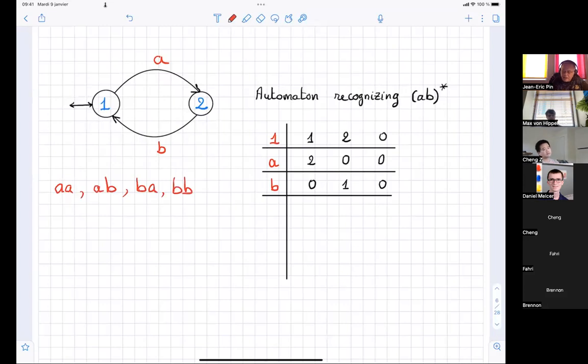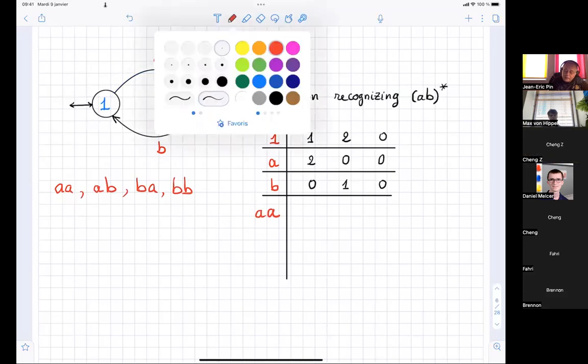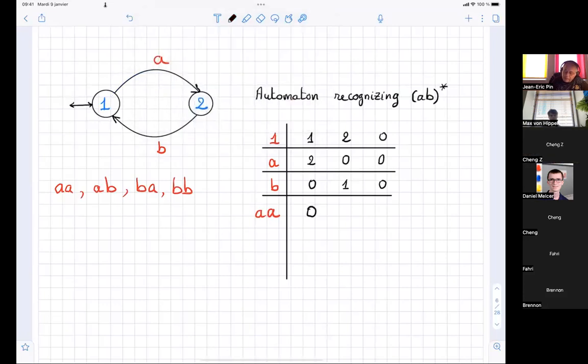So what about AA? If I use AA, I start from 1. As you can see, A, and then there is no way to go. So actually, I arrive in 0. If I start from 2, reading AA, I also arrive in 0, because this column will all be 0.